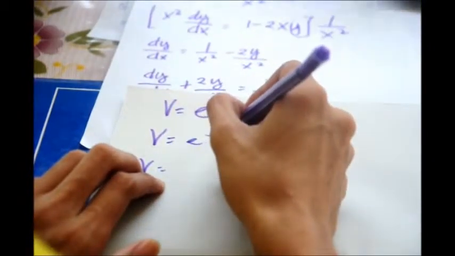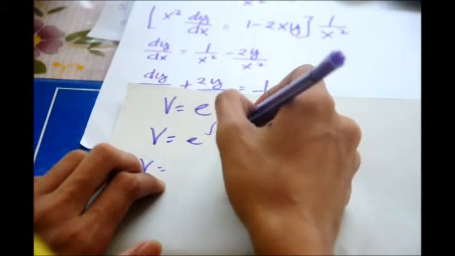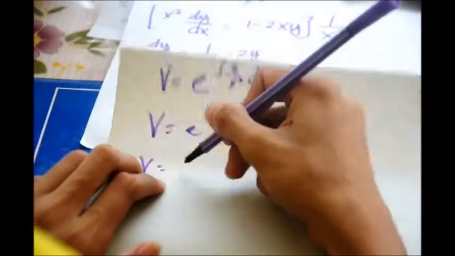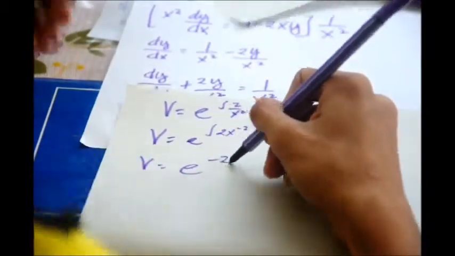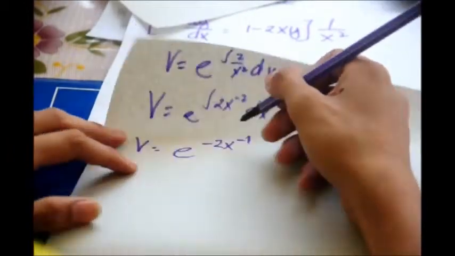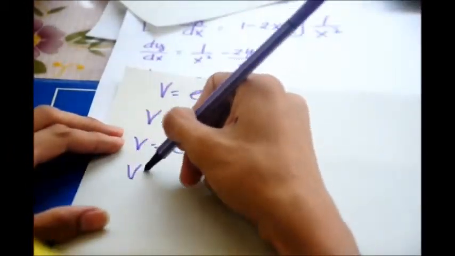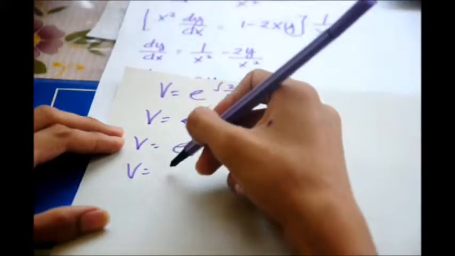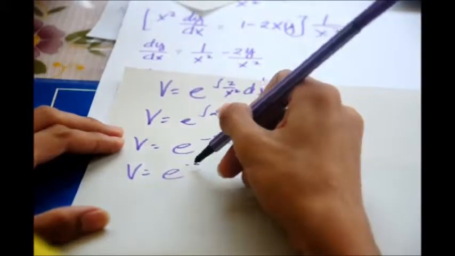Integrate this equation and we get negative 2x raised to negative 1. So we have now an integrating factor which is e to the negative 2x.